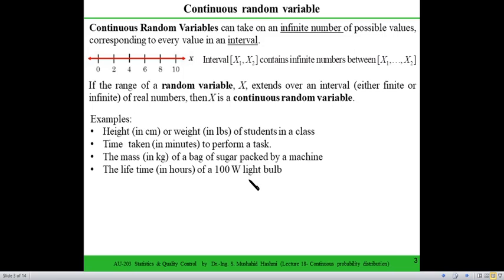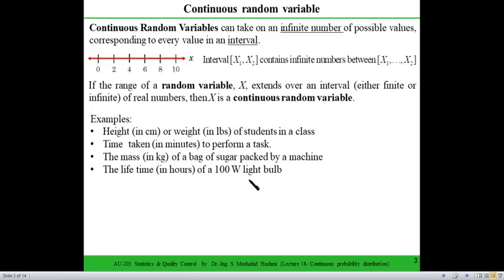There are several examples. Let's say, for example, I am interested in knowing the height or weight of the students in a class, so some would be very tall and some would be short. If I measure the height of each student in a class of 50 students, then the numbers that come would be different, in centimeters, or if it is weight, in pounds or kilograms.